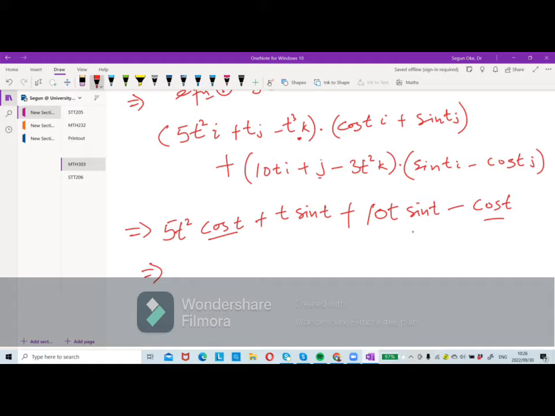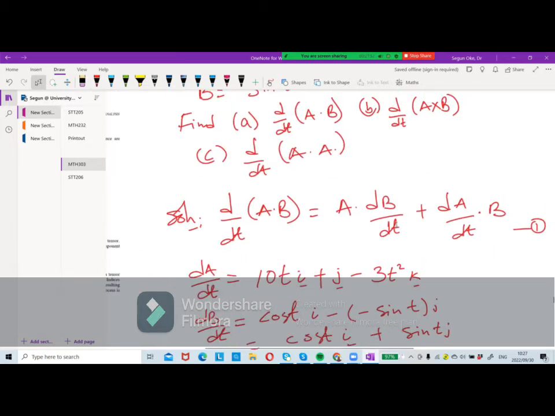I can take it out; since this is 5t squared, we can't add it together. So we can just say 5t squared minus 1, cos t. Then plus, we have 1t here, we have 10t here, 11t sine t. So that is the answer for this.